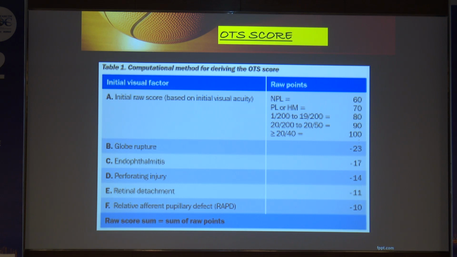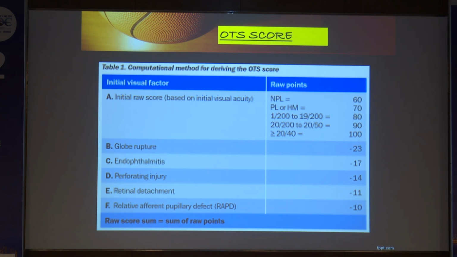Now the OTS score. If you see over here, roughly, the raw points are: if it is no PL, it's 60; if it's PL or hand movements, it's 70; and the vision, if it is 20/40, it's 100. So this is in order of betterment. If there is a globe rupture, it is -23, endophthalmitis is -17, perforating injury is -14, retinal detachment is -11, relative afferent pupillary defect is -10.